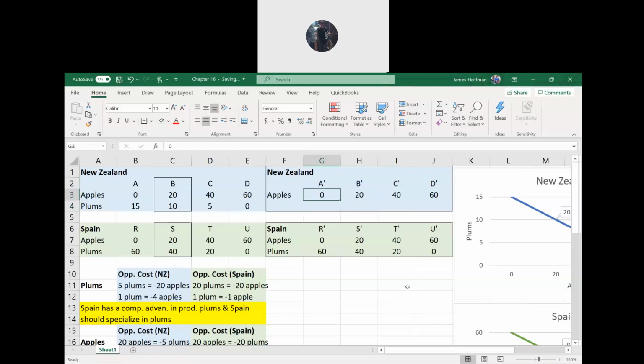Okay, so this point would show that we traded all the apples for all the plums we can get. All right, so if we trade 60 apples, all for plums at 2 apples for 1 plum, let me write a formula, it might be a little bit easier.